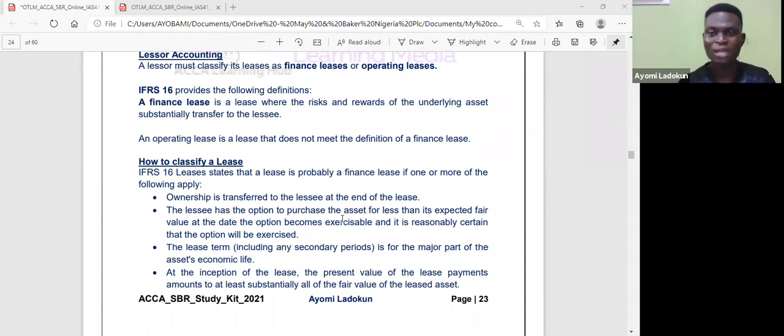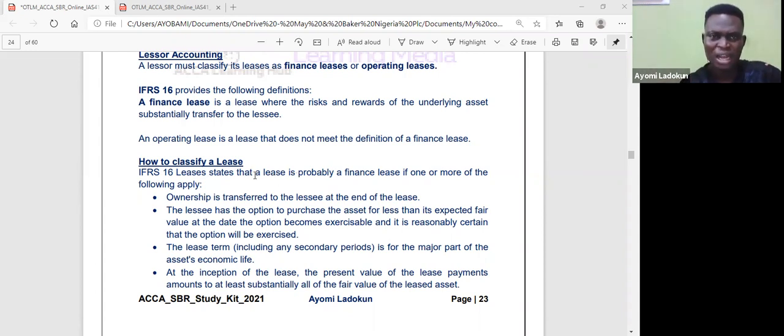Normally, where the risks and rewards of the underlying asset substantially transfer to the lessee, then you say it's a finance lease. It's the same thing as under IFRS 17, if you have ever studied it before now. The only part that changes is what we've done on lessee accounting.